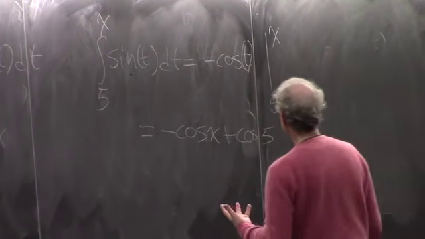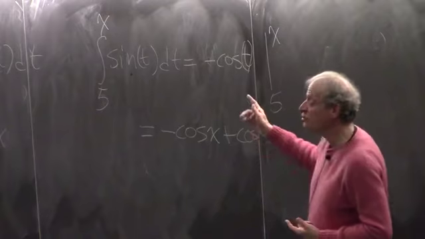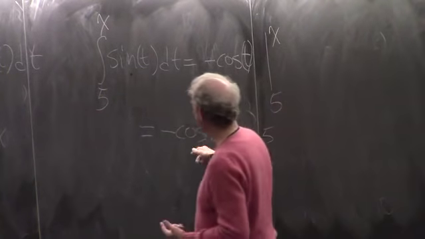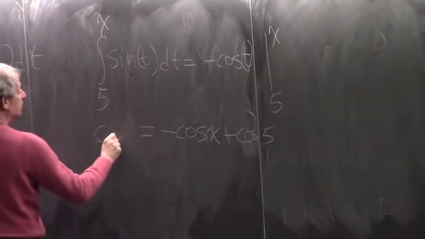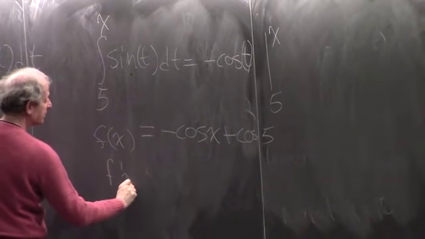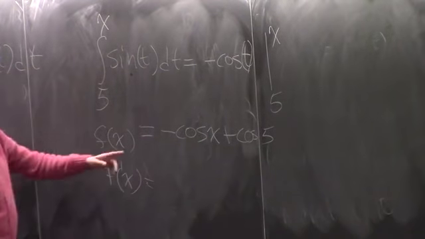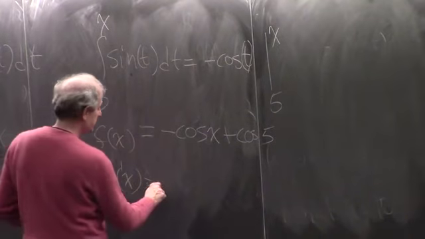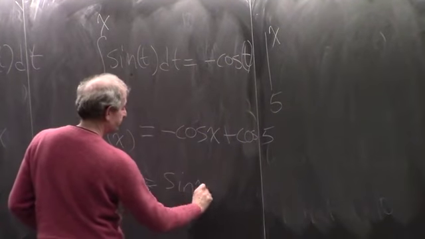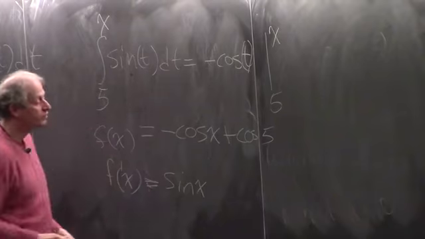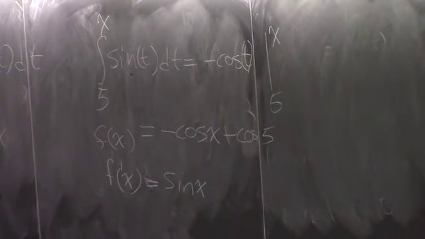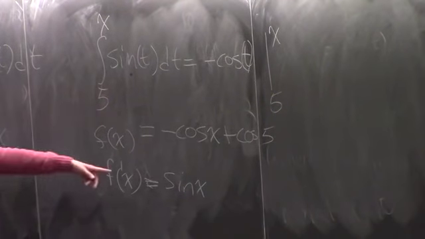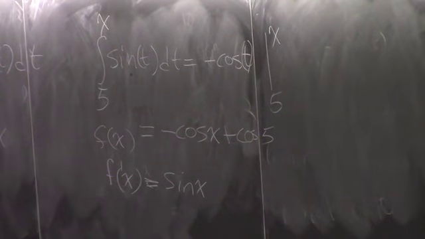Okay? So now I'm taking the derivative, because now this is f of x. So f prime of x is take the derivative. What's the derivative of minus cosine? Sine. And what's the derivative of cosine of pi? 0, because cosine of pi is a constant. So you end up right there.